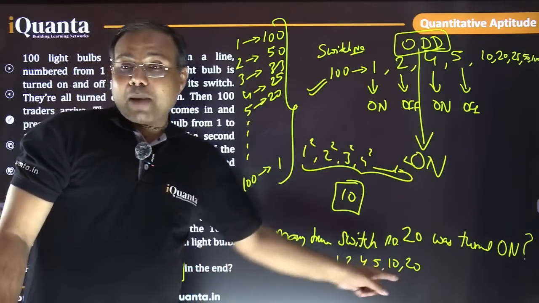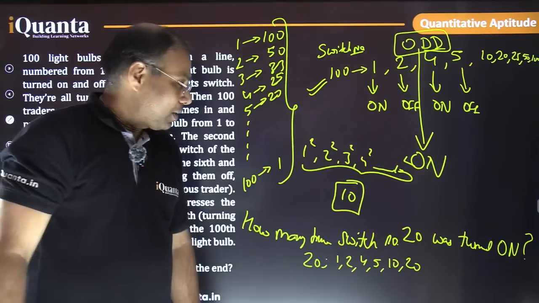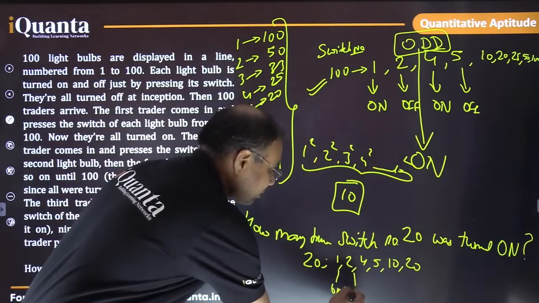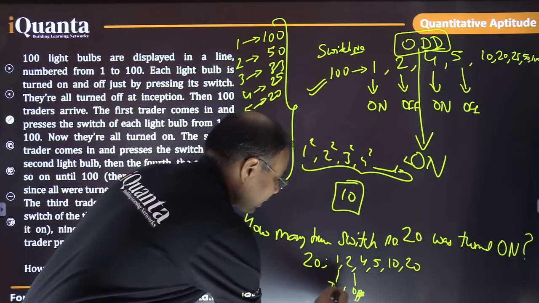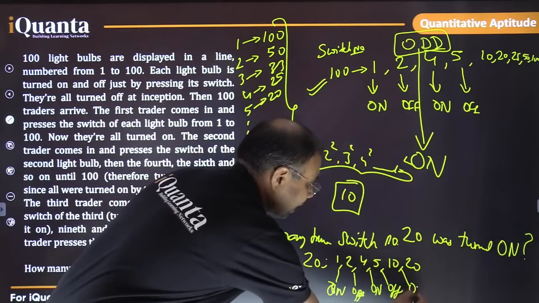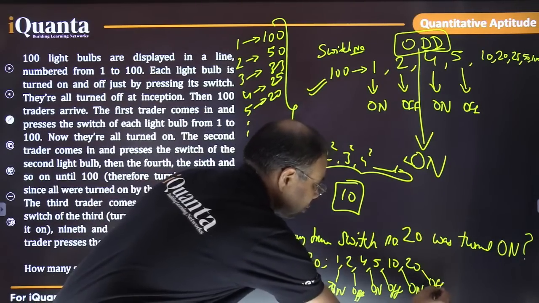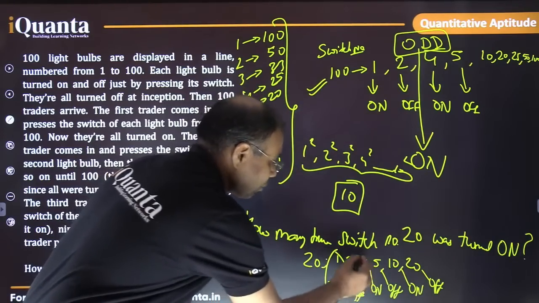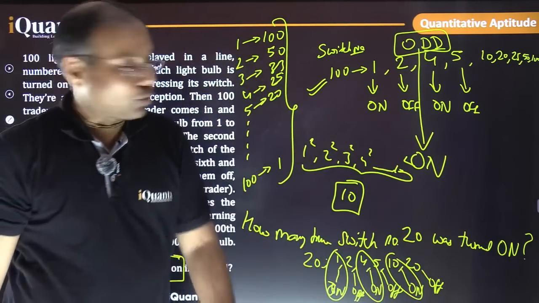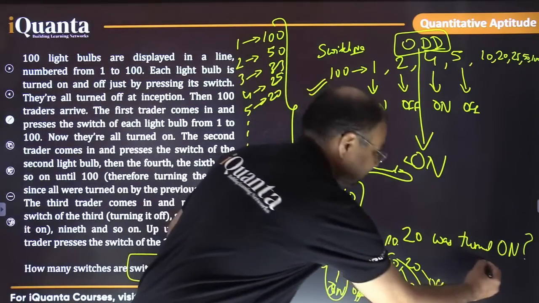So all of them are not going to turn it on. Initially all were off. So the first turns it on, then off, then again on, and then off, and then on and off. So exactly 3 persons will turn it on and the other 3 will turn it off. So 3 is the right answer.